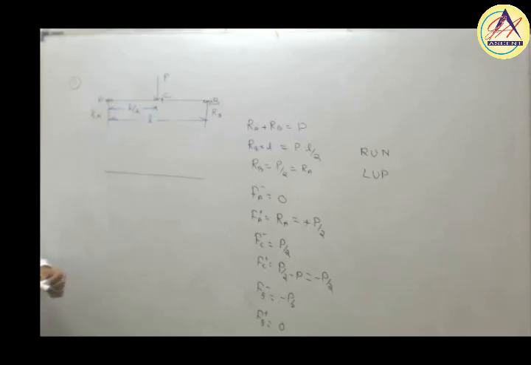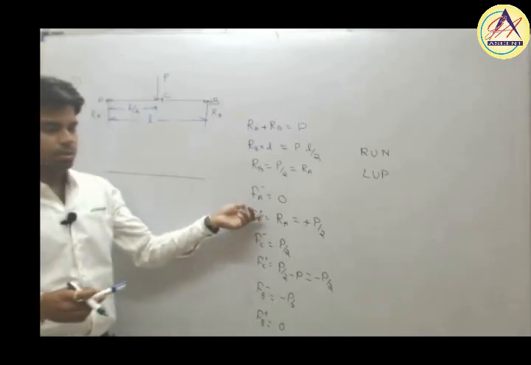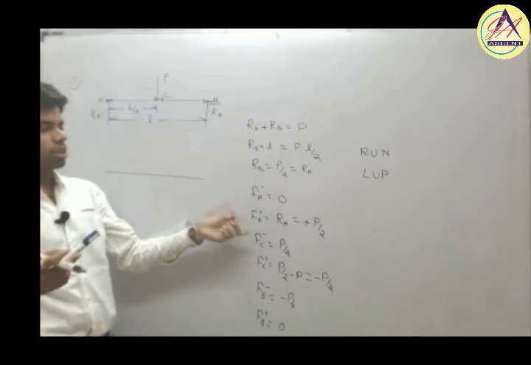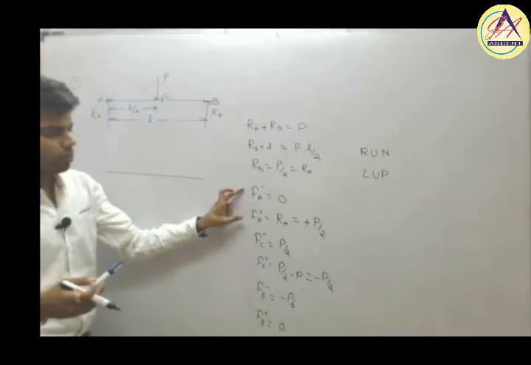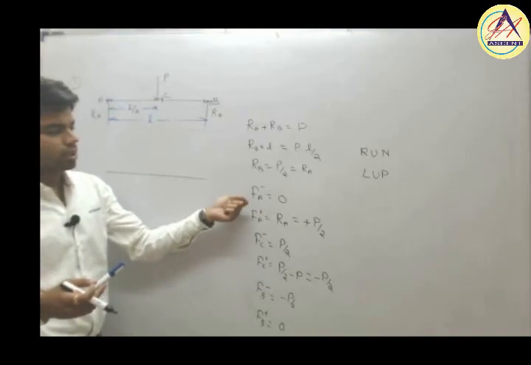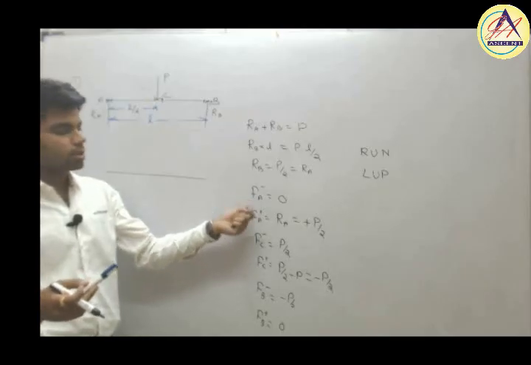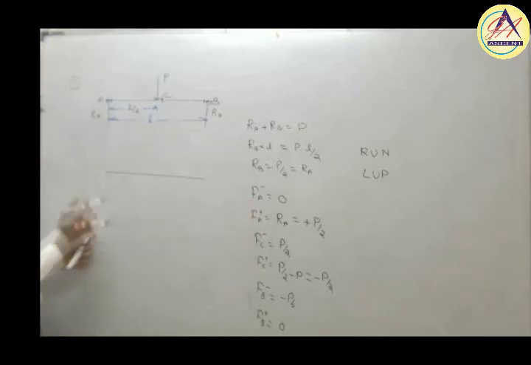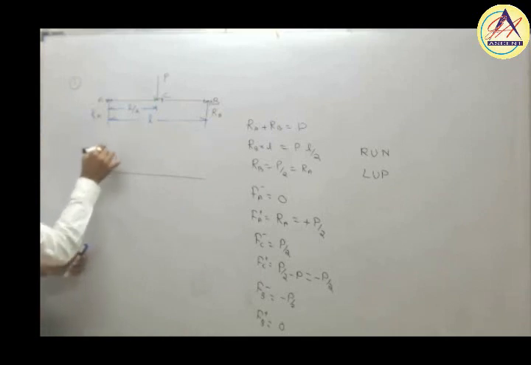Fa minus and Fa plus show the variation at that point. At point A, the shear force varies from 0 to plus P by 2, so just draw this.